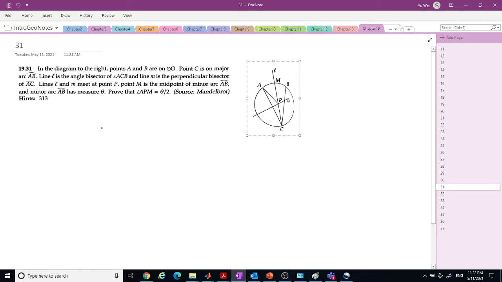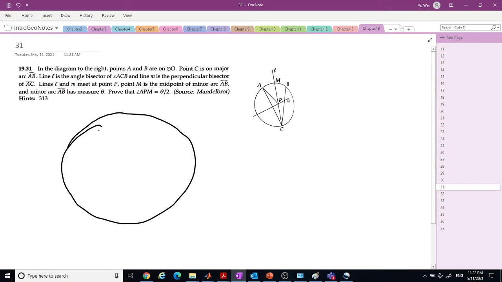Next is... if you read the problem, it says we have a chord AC and a perpendicular bisector.